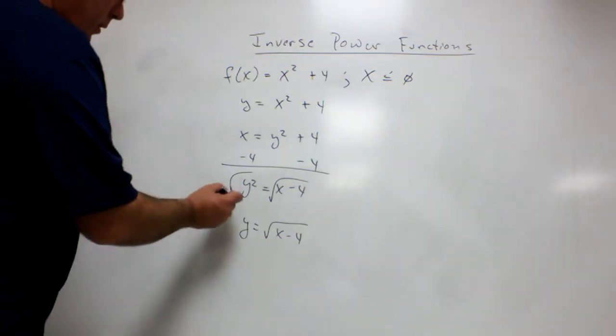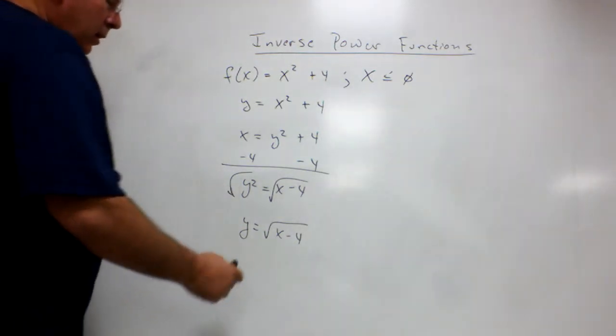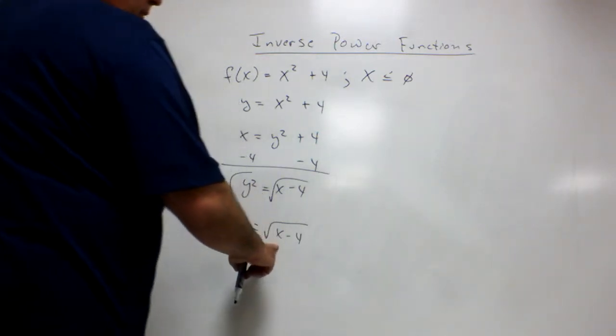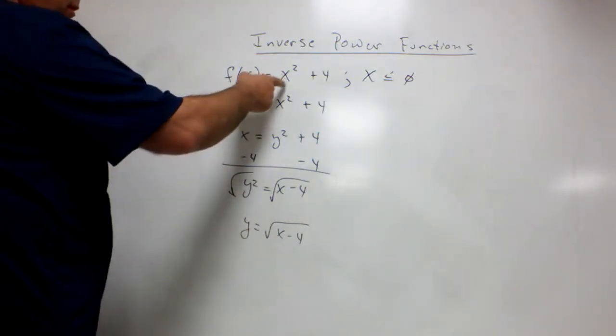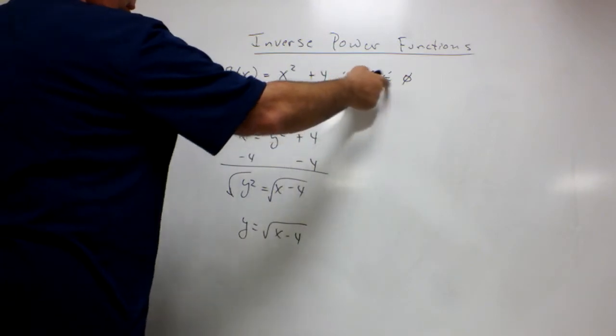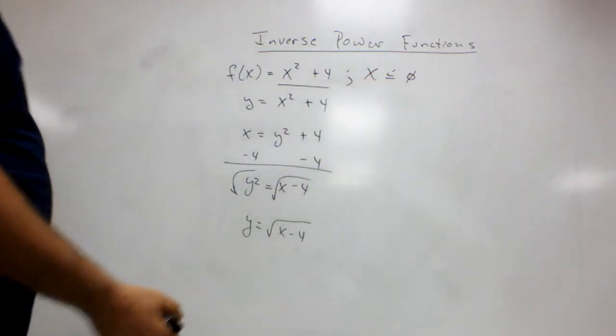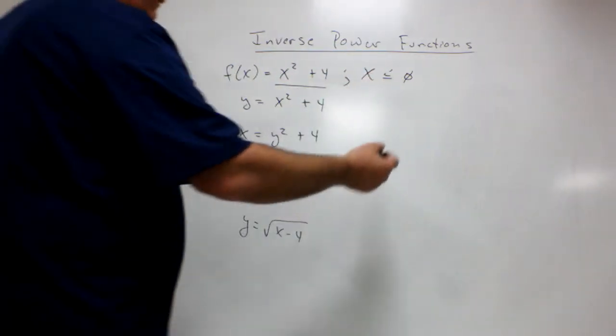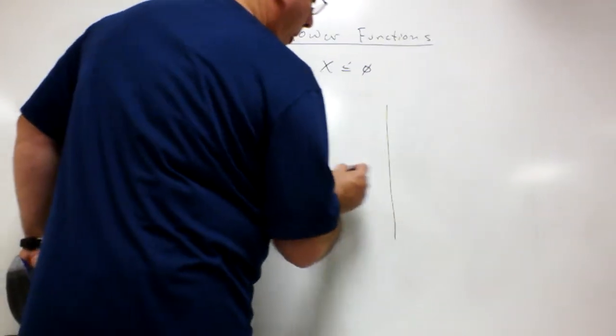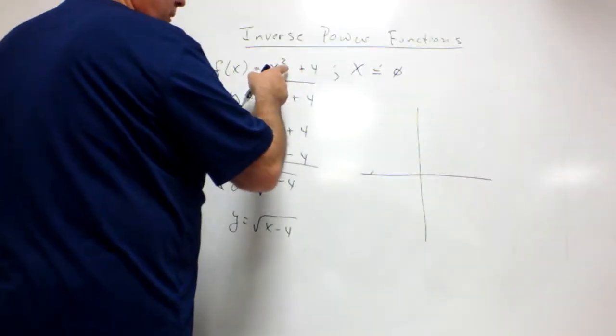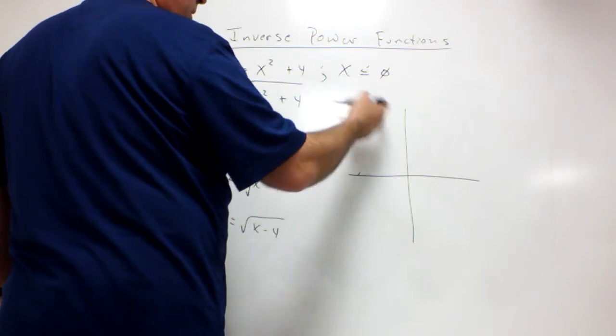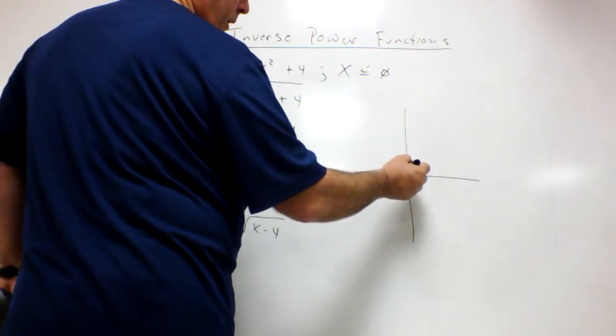So the next thing we want to do is we want to graph this thing. Well, first we want to graph this for the values of x less than 0, and we want to see what happens to the graph. If x is 0, we get positive 4.